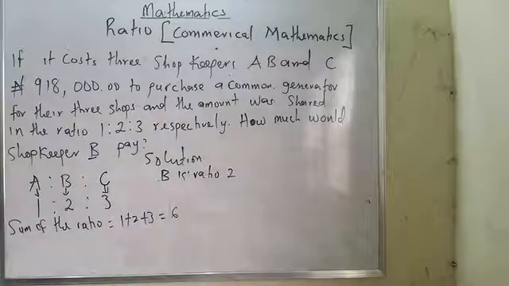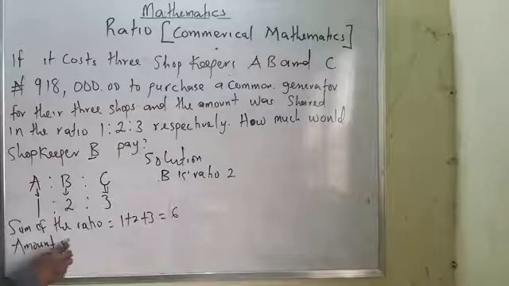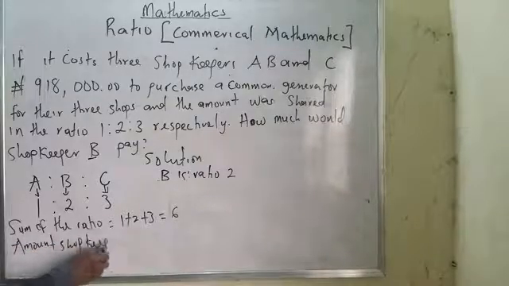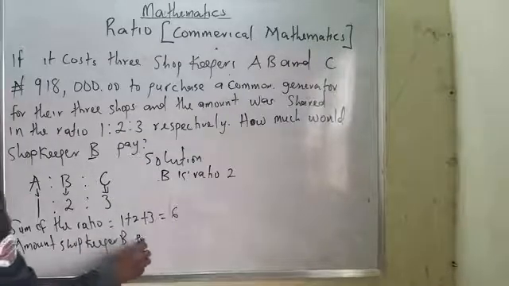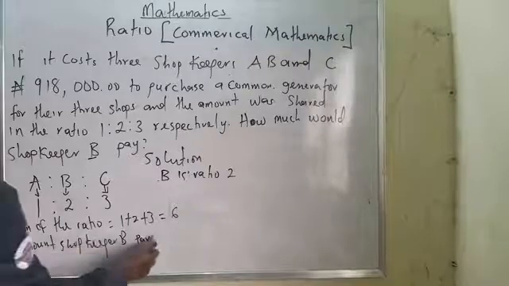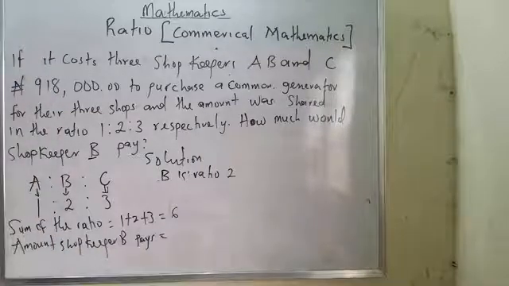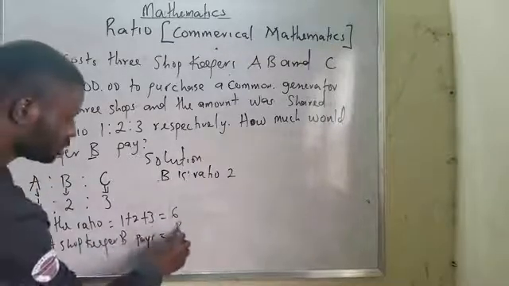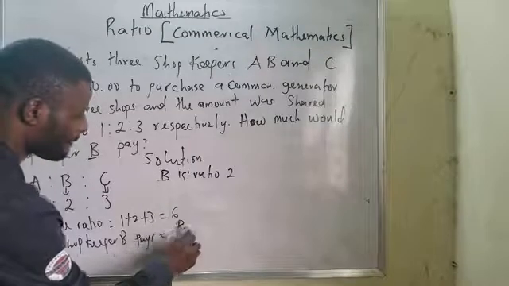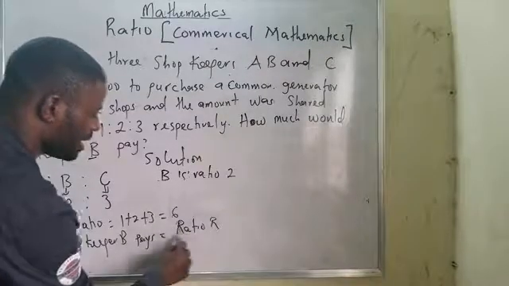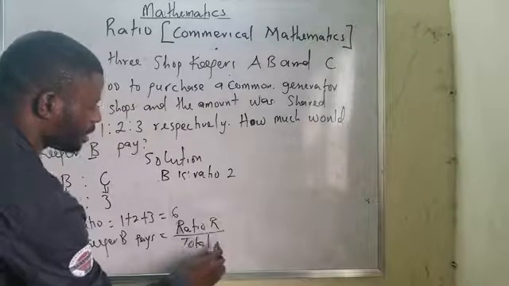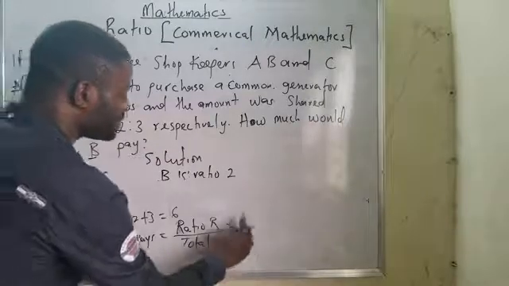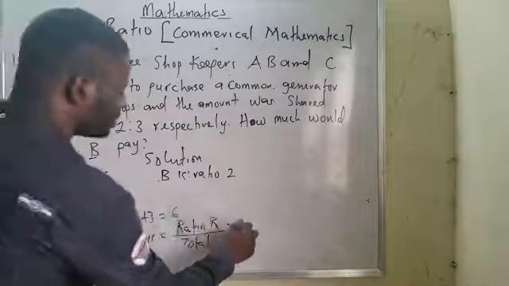Now, the amount shopkeeper B pays will be equal to the ratio of B divided by the total ratio, multiplied by the amount. Please take note of that. The amount of money.